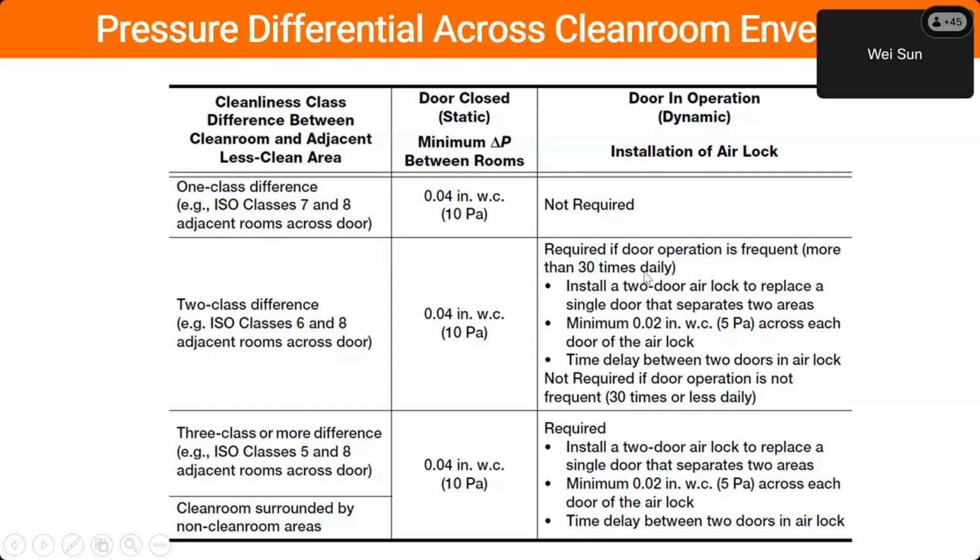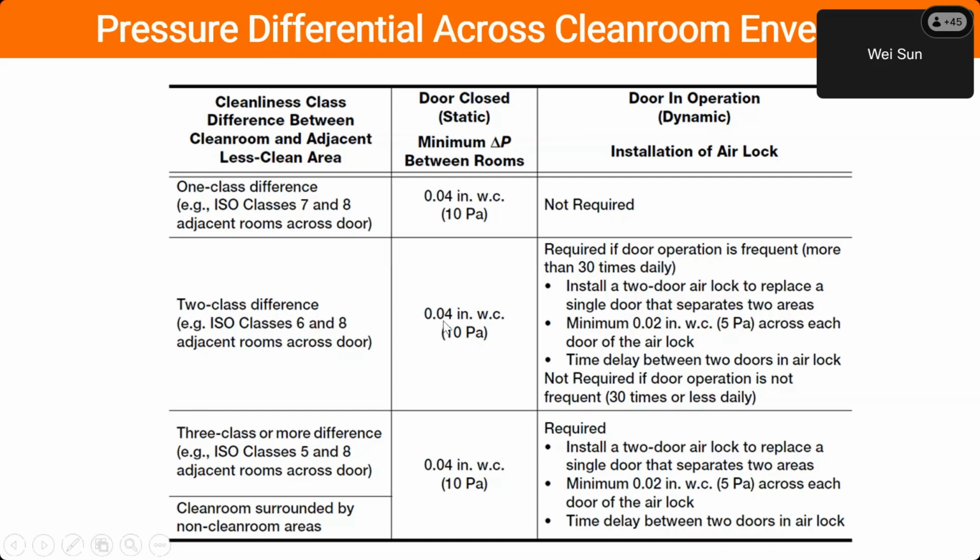If you have less than 30 door operations a day, then the airlock may not be required, but if you have more than 30 times a day, an airlock will be required. So you will need to install a two-door airlock to replace the single door. So now you need to have a two-door airlock versus a single door that separates two areas, and the pressure differential for each gap, you will need to have 0.2 or 5 Pascal.